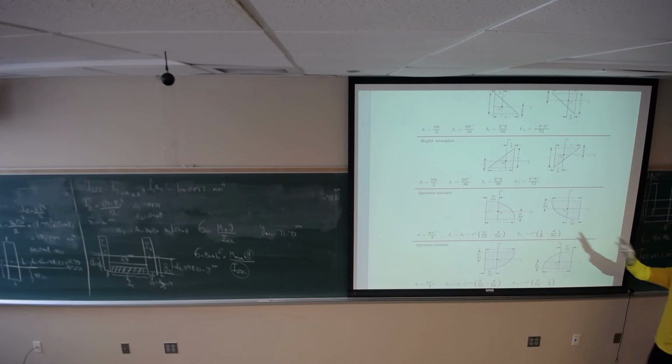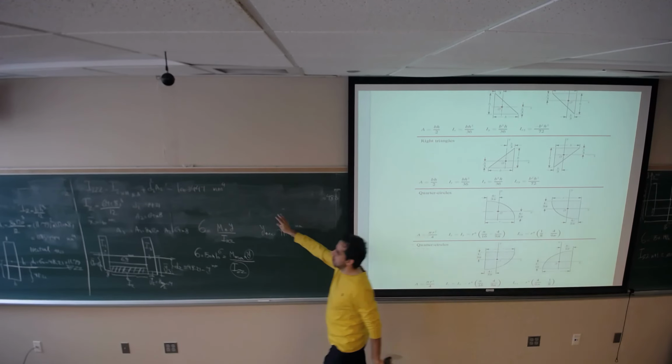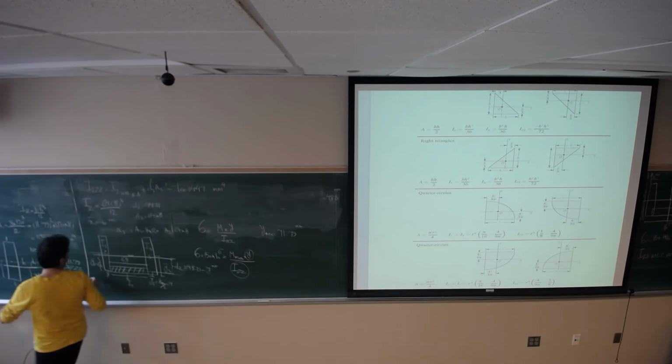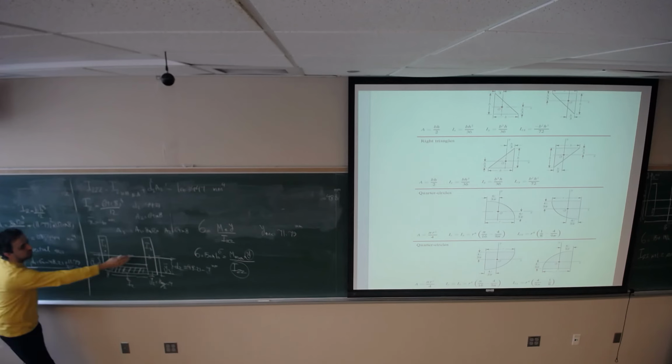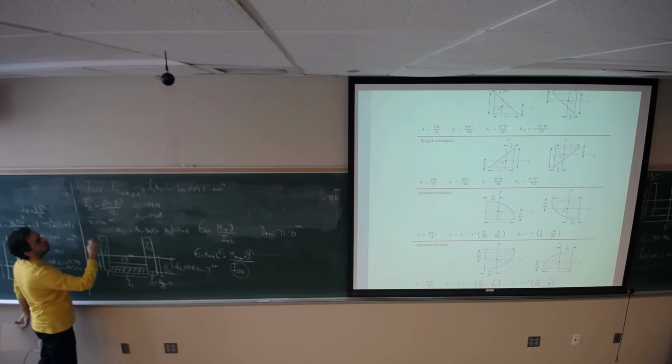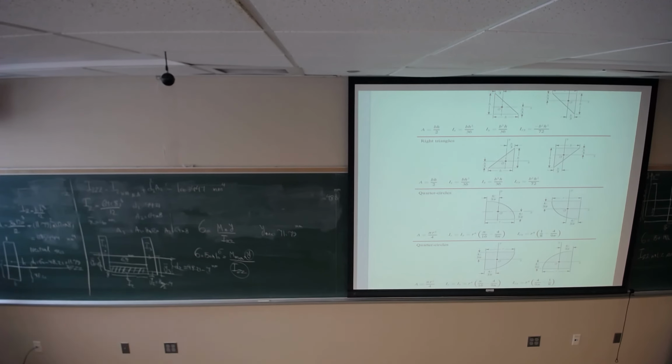Any question on this so far? For this cross section, these two are identical. So if I do the same things that I did for the first cross section, I will get the same I1ZZ for I3, the same distance, and same cross section. So I'm not going to repeat myself.